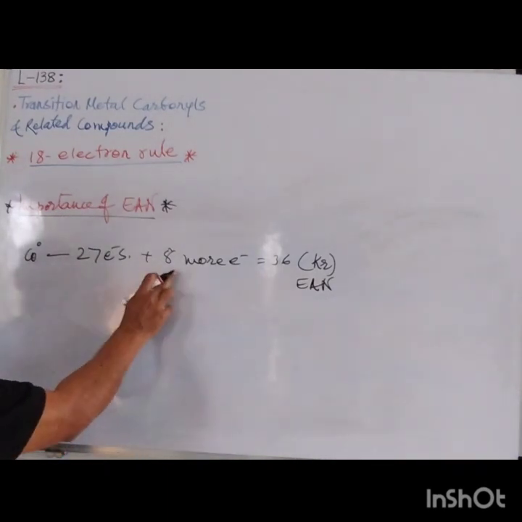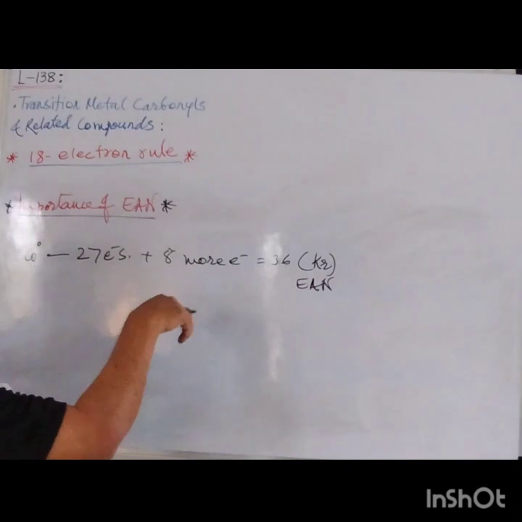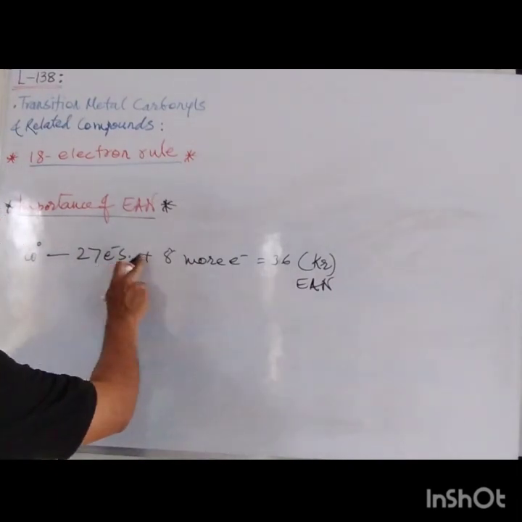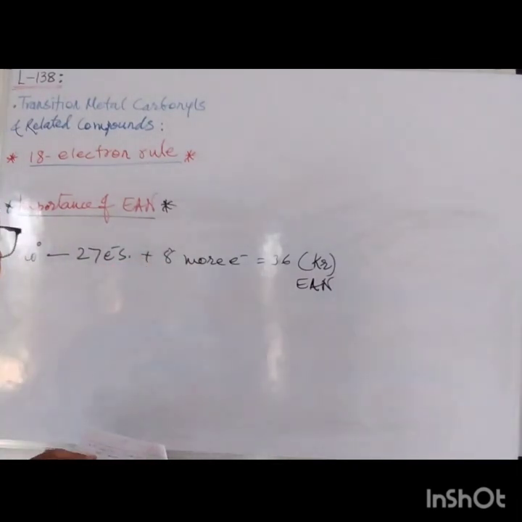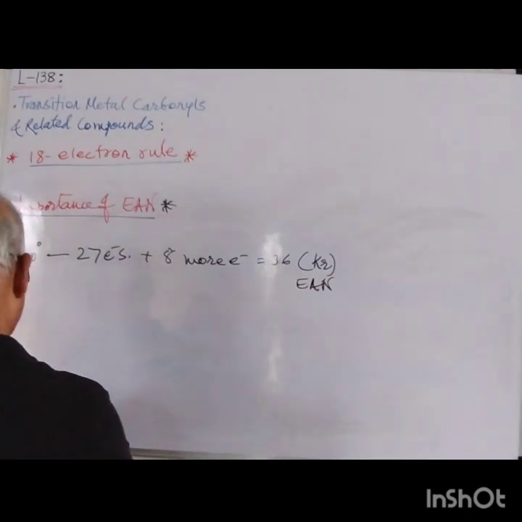So there are 27 plus 8, it cannot attain 9 because it requires odd electron.